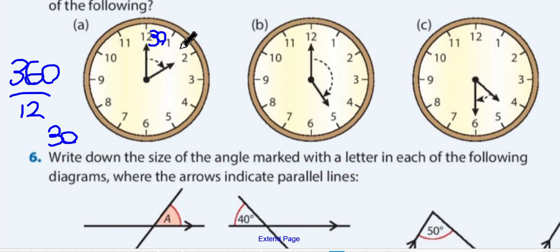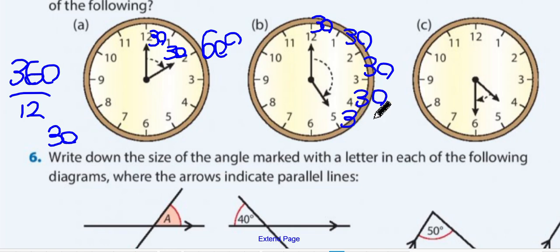That's 30 degrees, and that's another 30 degrees, which makes this 60. Next one, 30, 30, 30, 30, and 30, 150. I'm pretty sure this is half an hour. So half of 30 is 15, and 15 and 30 added together, 45.